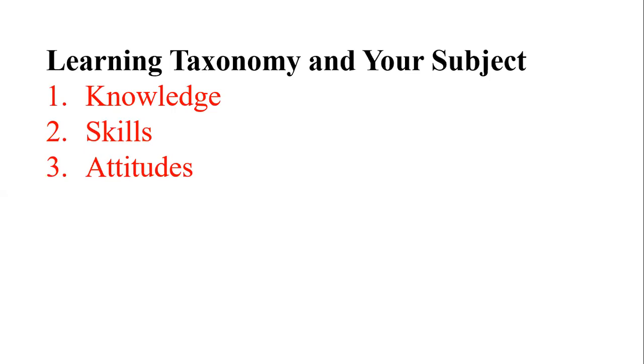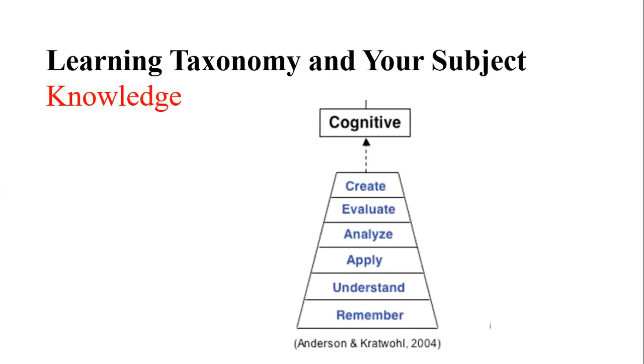I think you are familiar with these three, because those things are explained under human resource development. Then what are knowledge, skill, and attitude, and how to move these three from bottom level to higher level. In this taxonomy, knowledge starts from remember, then moves to understand, apply, analyze, evaluate, and finally create.